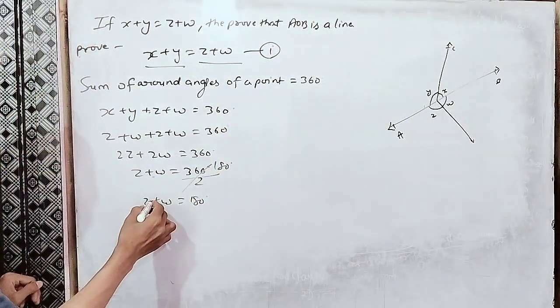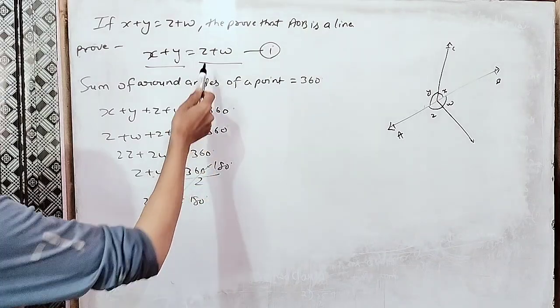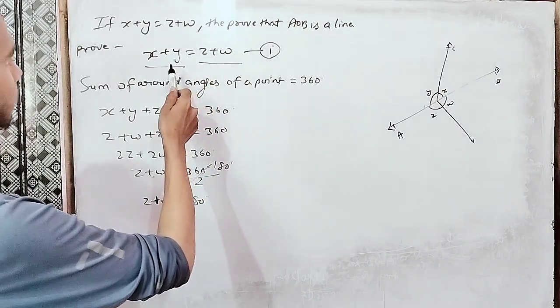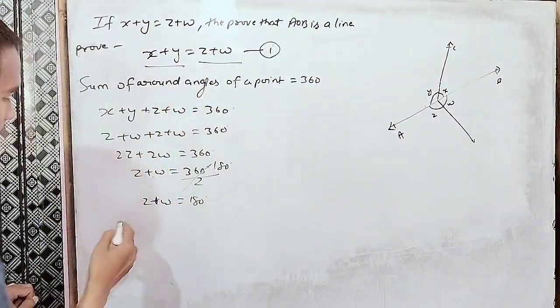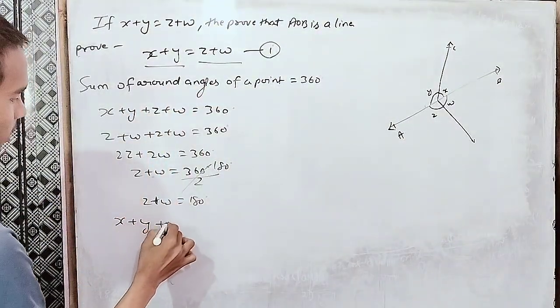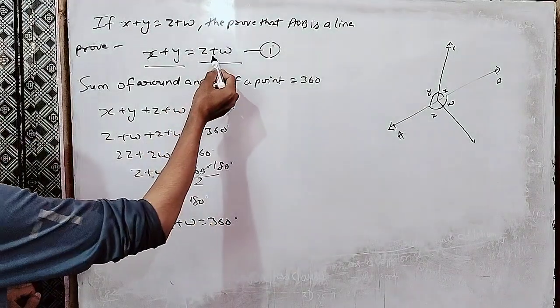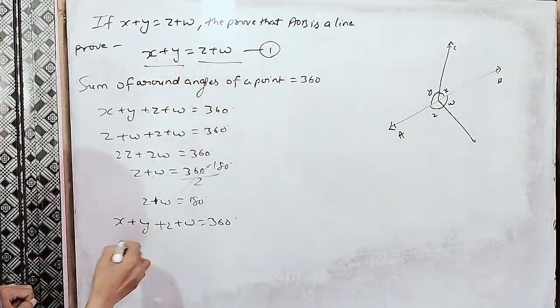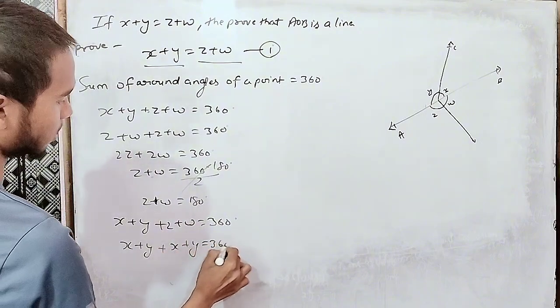Next, we have to put x plus y plus z plus w, which is 360. Now we will put in the value of this, which is x plus y, and then x plus y, which is 360 already.